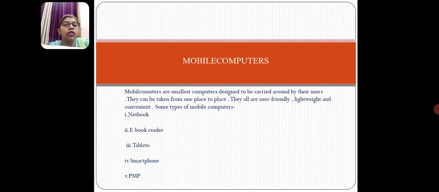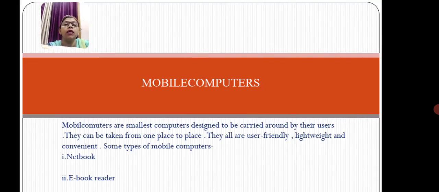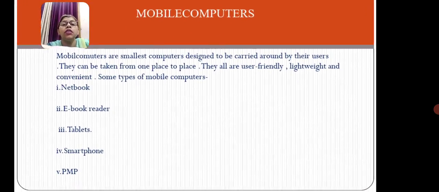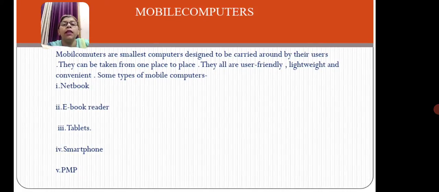Now the next is mobile computer. Mobile computers are the smallest computers designed to be carried around by their users. They can be taken from place to place. They are all user friendly, lightweight and convenient. Some types of mobile computers are e-book reader, tablet, smartphone and PMP.